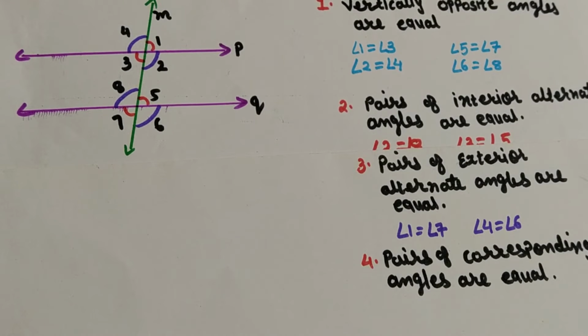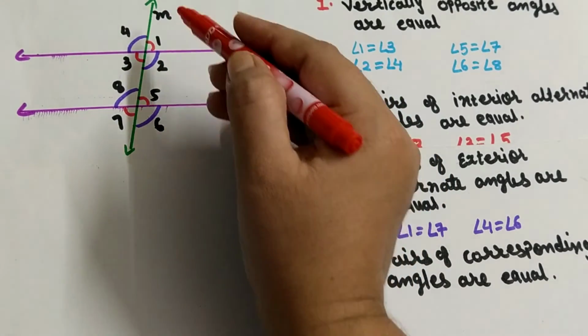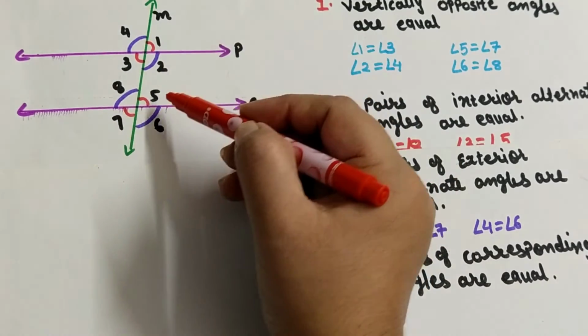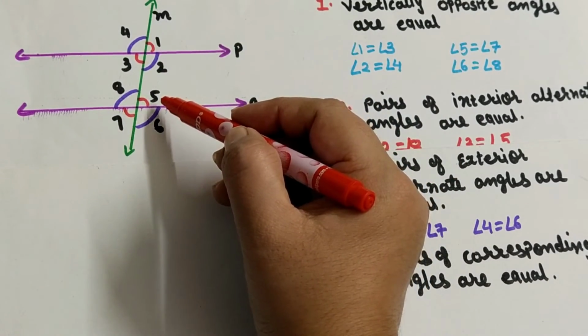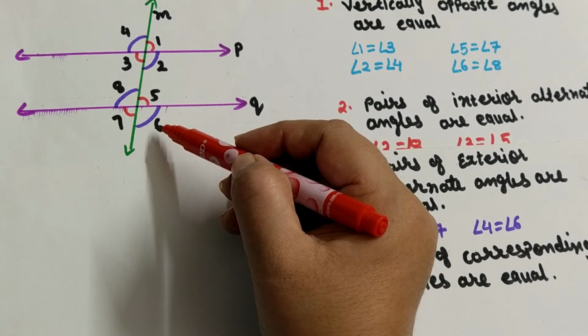The fourth property says that pairs of corresponding angles are equal. Here first we need to understand corresponding angles. As you can see, this side of the transversal has angle 1 and angle 5 as corresponding angles, and angle 2 and angle 6 as corresponding angles.